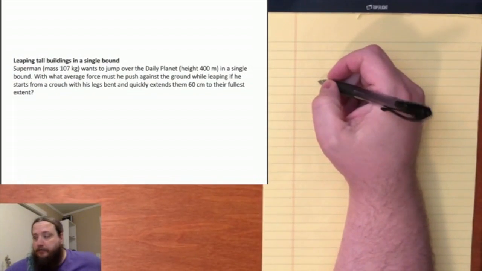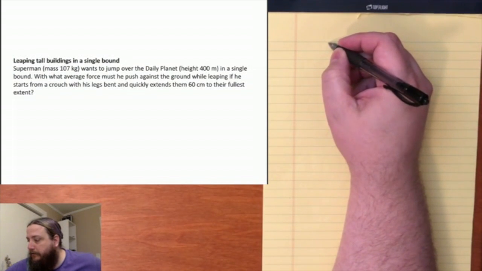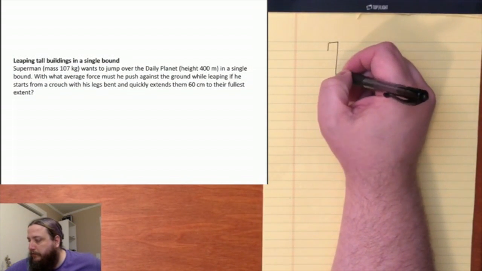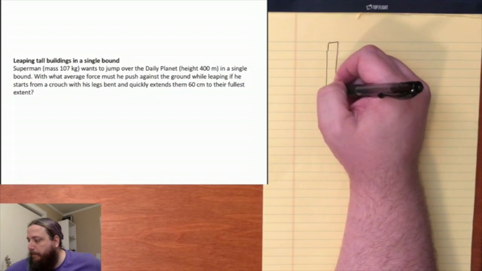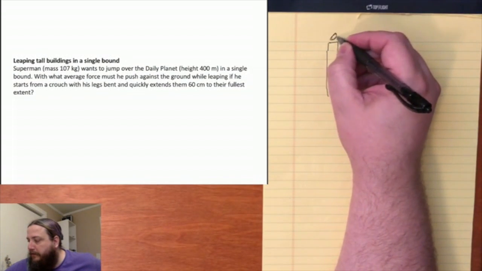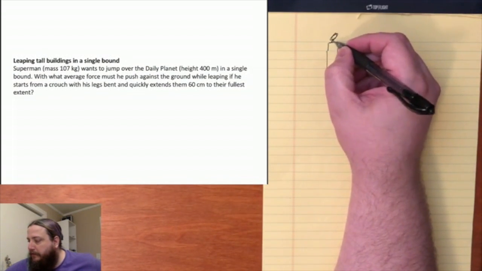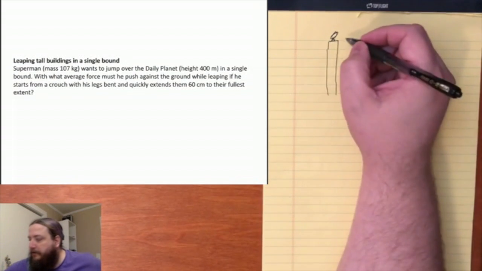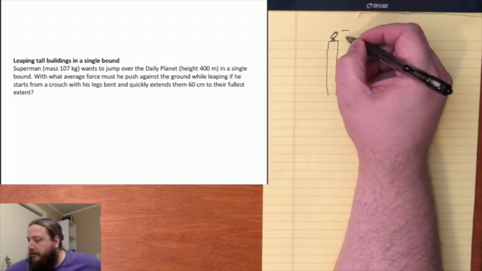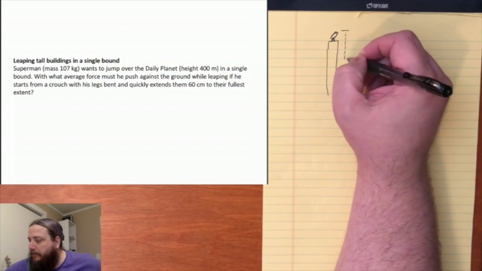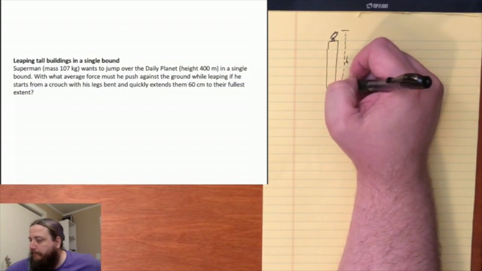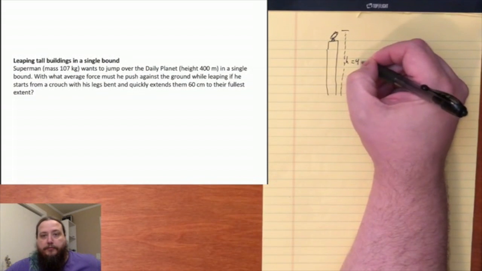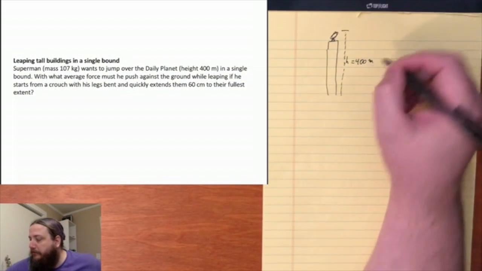So let's draw ourselves a picture. There's the Daily Planet, and it has a height here of 400 meters.